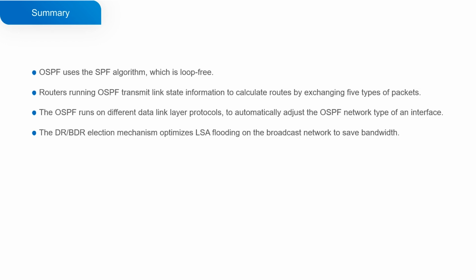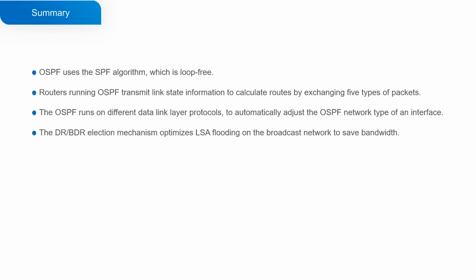And then OSPF runs on different data link layer protocols, and automatically adjusts the OSPF network type of an interface. In the network, the data link layer has many types of protocols, like PPP, HDLC, Frame Relay, Ethernet, and X.25.